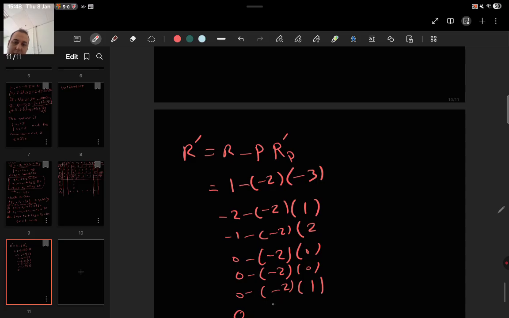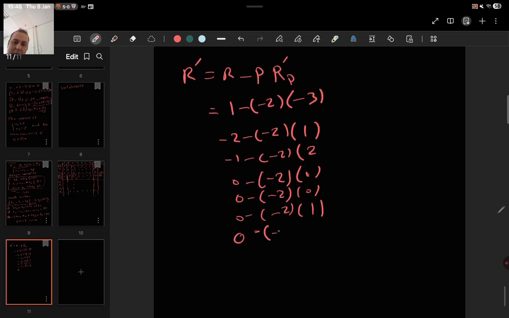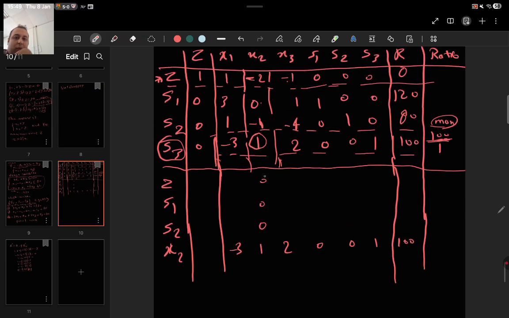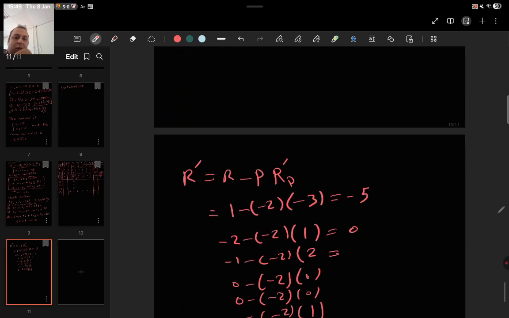Right, I forgot actually: minus 2, 100. Okay, so now we calculate. This one becomes 1 minus 1, minus 6, becomes minus 5. This will be 2. This becomes 0. It's supposed to be 0, as I mentioned.